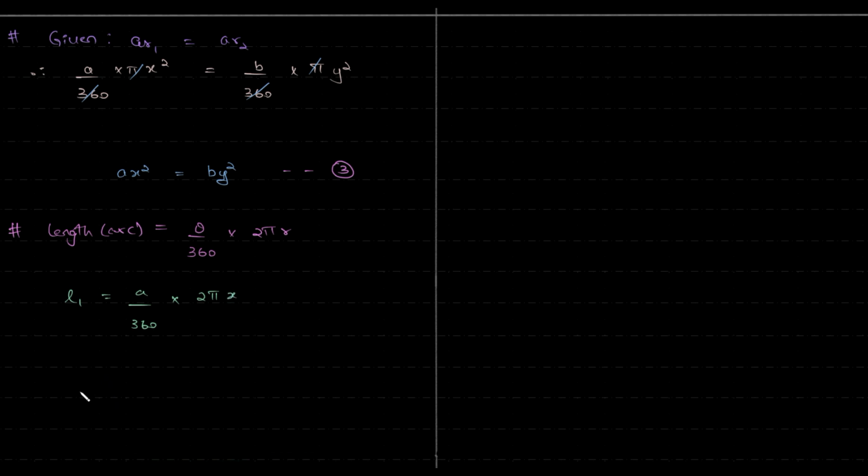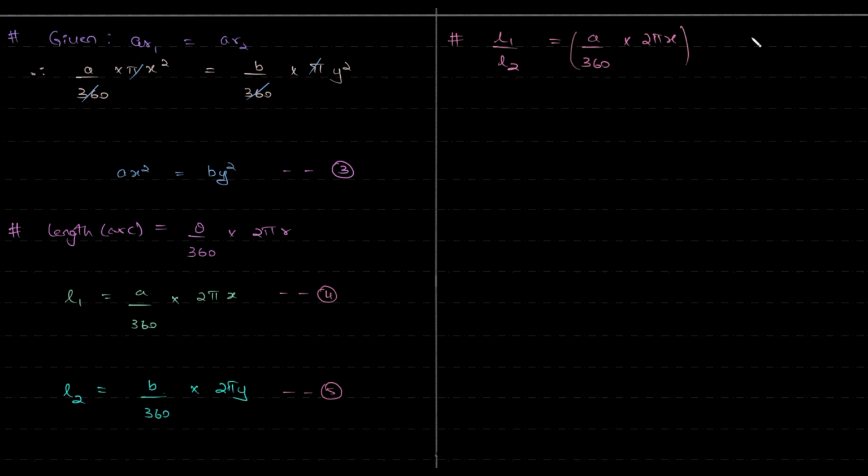Then we have L2 is equal to B by 360 into 2 pi y. That's L2 for us. And then we have the following. What do we have? We have L1 by L2, right? We'll divide them because we need to understand if they are equal or not. One of the best ways to do this is to divide them.